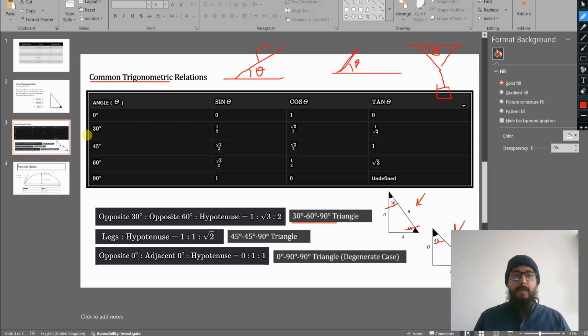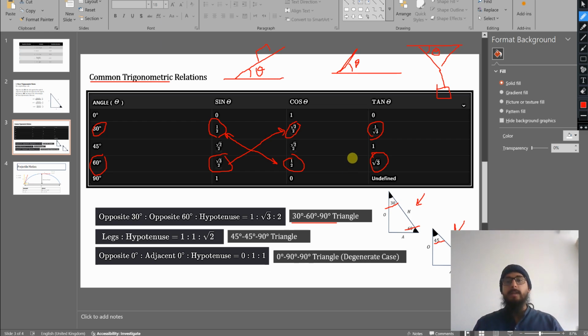So remember, for 30 and 60, the trigonometric ratios are alternately interchangeable, or we can say they are alternately equal, right? And tan theta is the reciprocal. In one, it is the reciprocal of the other.